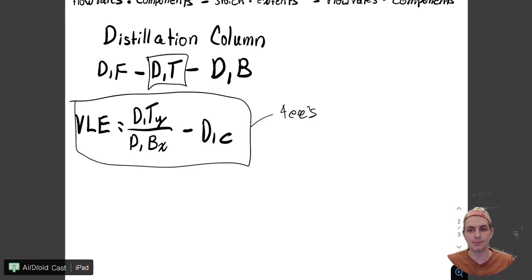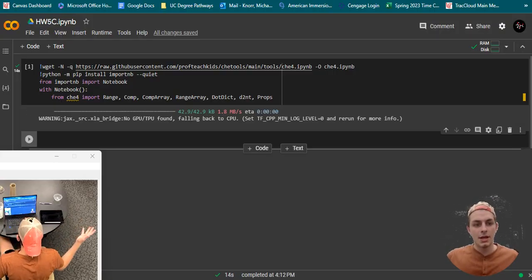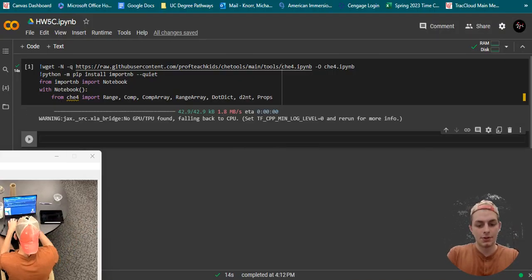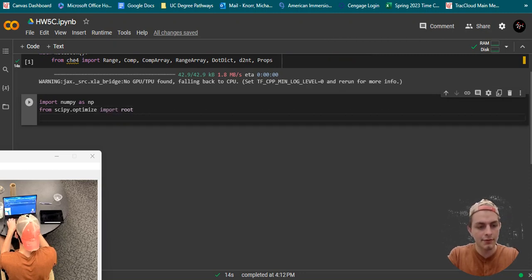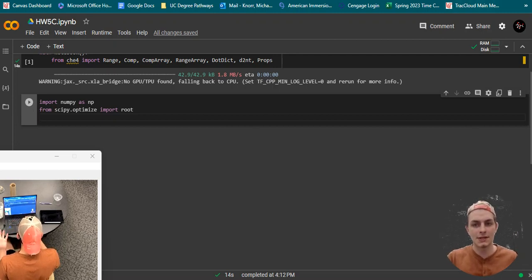So here we are again in Colab, and first we're going to do our imports. Our numpy, of course, from scipy.optimize, import our root solver, and then finally we are going to import some different things this time.